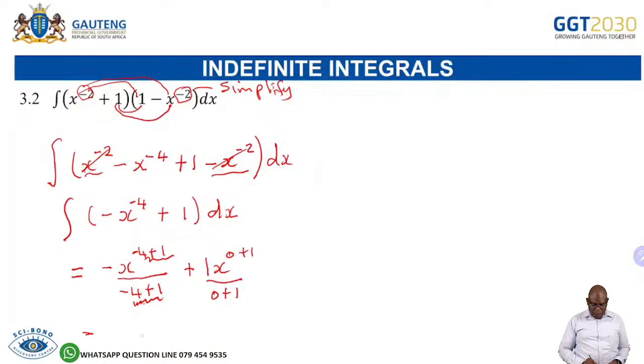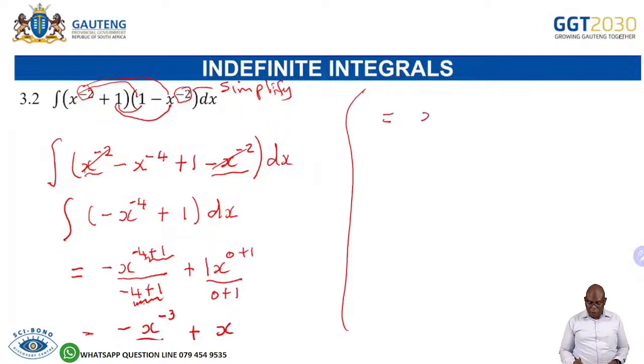Then we are going to get negative x to the power negative 3 all over negative 3, plus 1x. Right? So I can write it properly here. So negative and negative divided by negative is a positive. So I'll have x to the power negative 3 all over 3 plus x plus c.